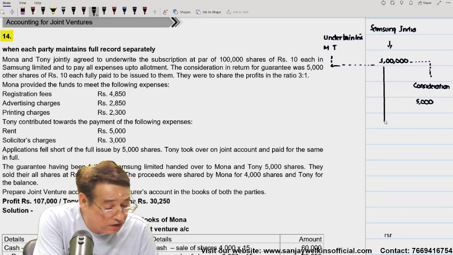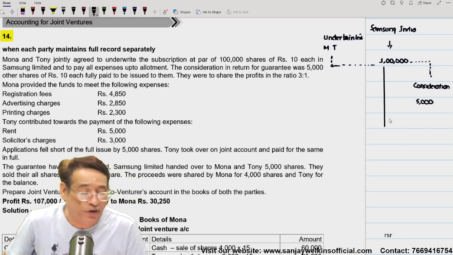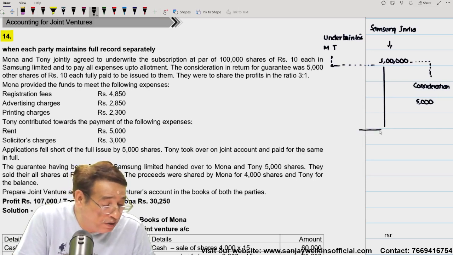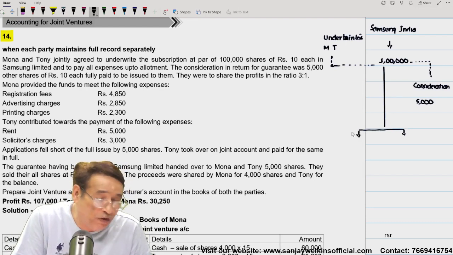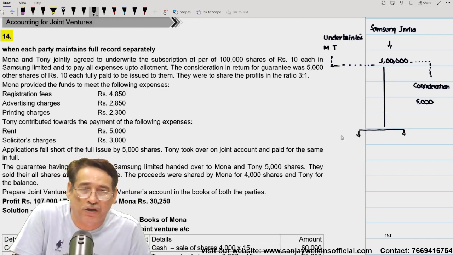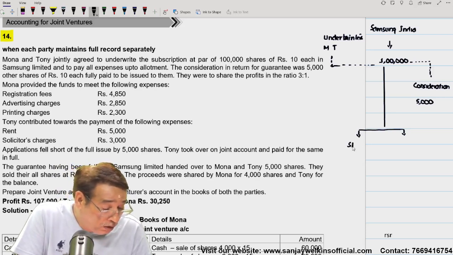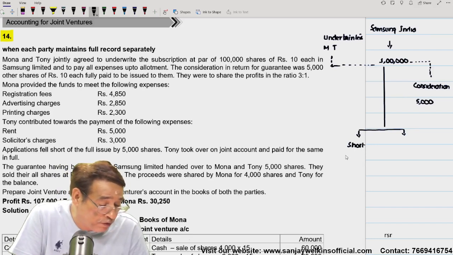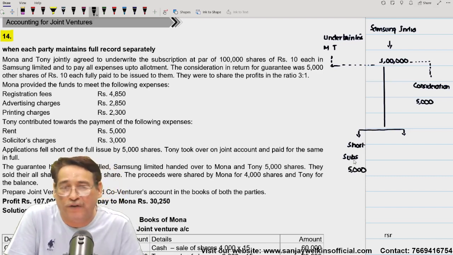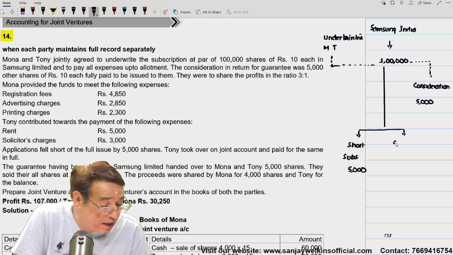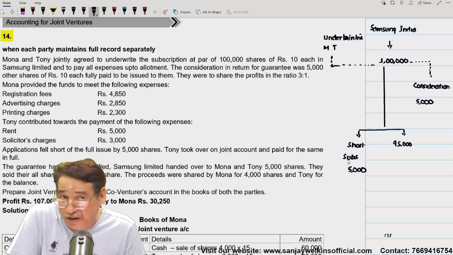Now the next question is, out of 1 lakh shares, how many shares have been subscribed and how many haven't been subscribed. We will see later when we go through the question. It is stated in the question that there is short subscription to the extent of 5,000. That means applications fell short by 5,000, so out of 1 lakh, 95,000 shares have been subscribed, but 5,000 shares haven't been subscribed.